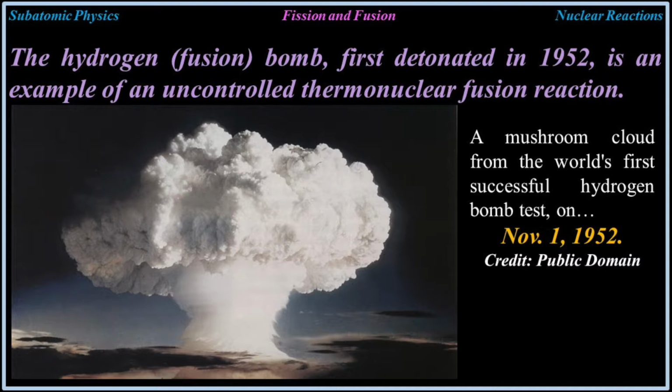The hydrogen fusion bomb, first detonated in 1952, is an example of an uncontrolled thermonuclear fusion reaction. A mushroom cloud from the world's first successful hydrogen bomb test on November 1st, 1952. Credit: public domain.